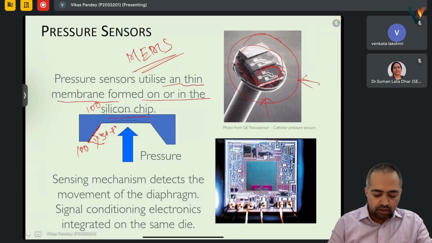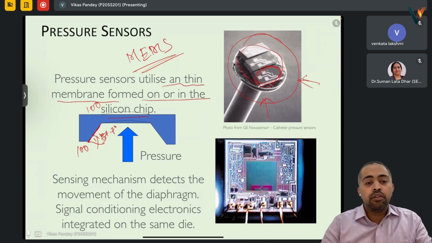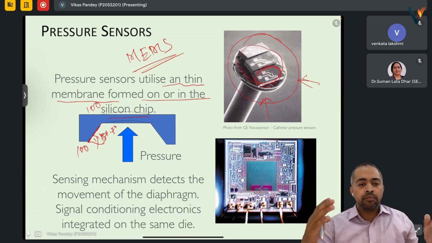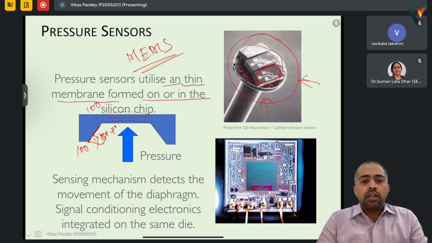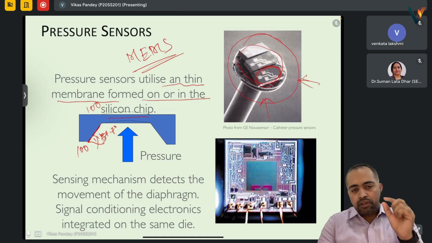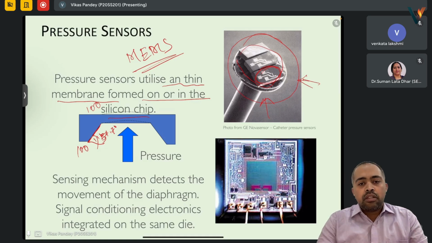Okay, I have already written it. Yeah, 54.7 degrees. According to that, it will etch out and form a cavity. Since we are removing most of the silicon and creating a very thin membrane, it is considered bulk micromachining. The sensing mechanism detects the movement of the diaphragm.